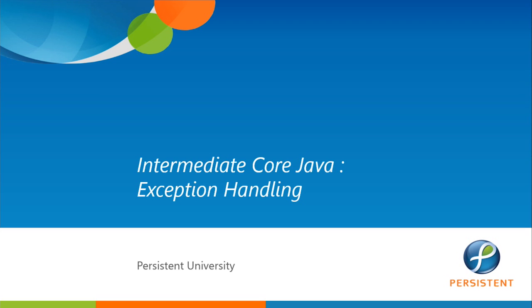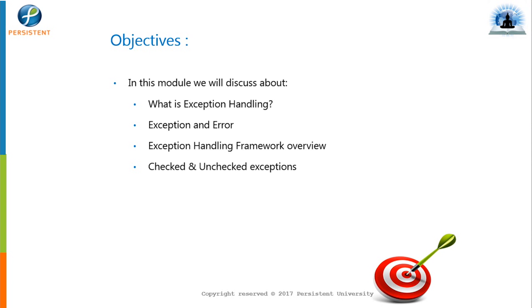To start with exception handling, our main objective is to go through what an exception is first. We'll understand what an exception is and how to handle exceptions. Then we'll understand the difference between exception and error. Then we'll see what we have in Java to handle exceptions, that is the exception handling framework.